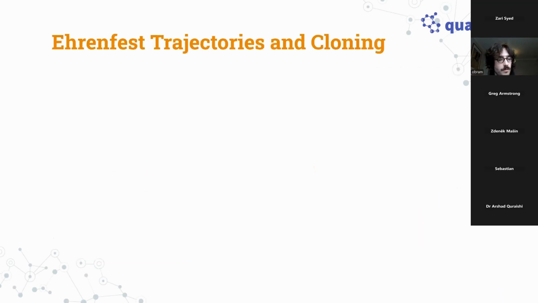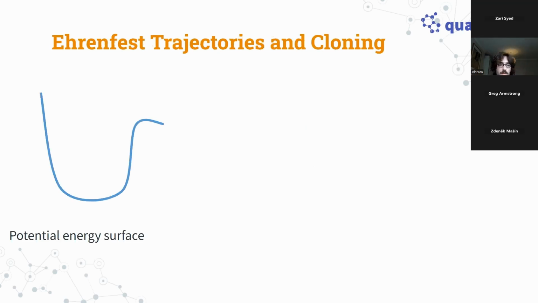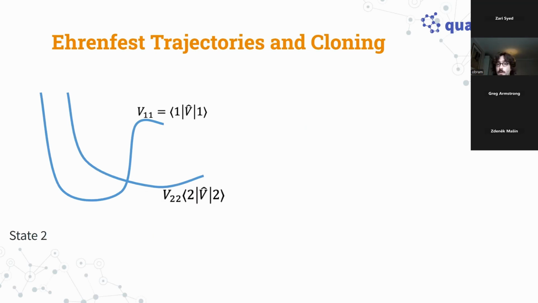So a bit about the method and how it works. We start with a potential energy surface in an electronic state. We can label that state 1. And for the sake of argument, we'll have a second potential energy surface, which we'll label state 2, but we could have more than that.